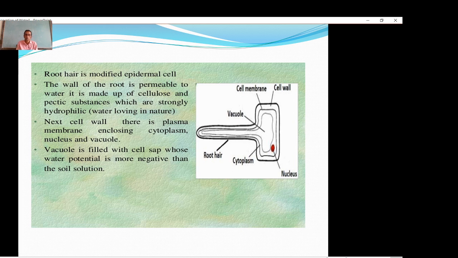Outside the root, the soil has a high amount of water, and this water moves from high concentration towards low concentration, which is in the vacuole, through the plasma membrane. This is one of the roles of the vacuole in the root hair for absorption of water.